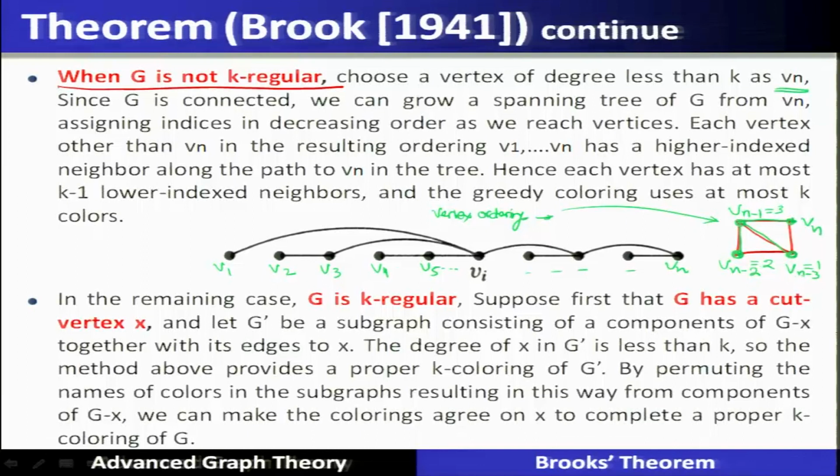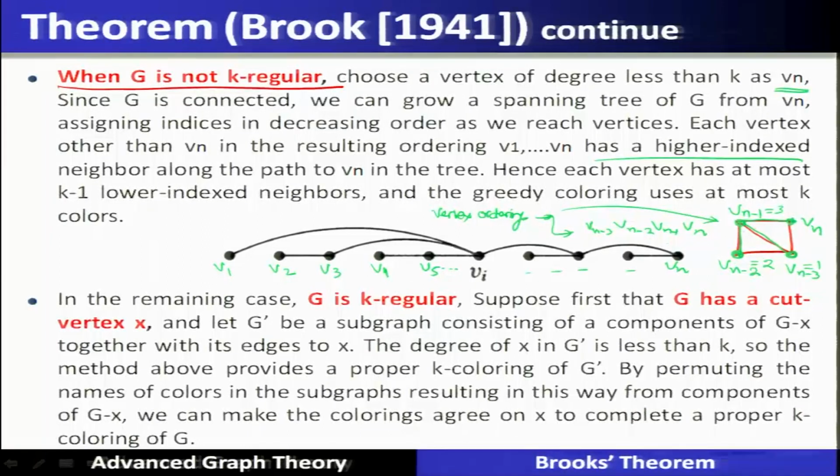In this particular graph example, we order Vn minus 3, Vn minus 2, Vn minus 1, and Vn. This particular way, if we order, it will follow the following property. Each vertex has a higher indexed neighbor along this particular path to Vn in this tree, so each vertex has at most k minus 1 lower index neighbors.